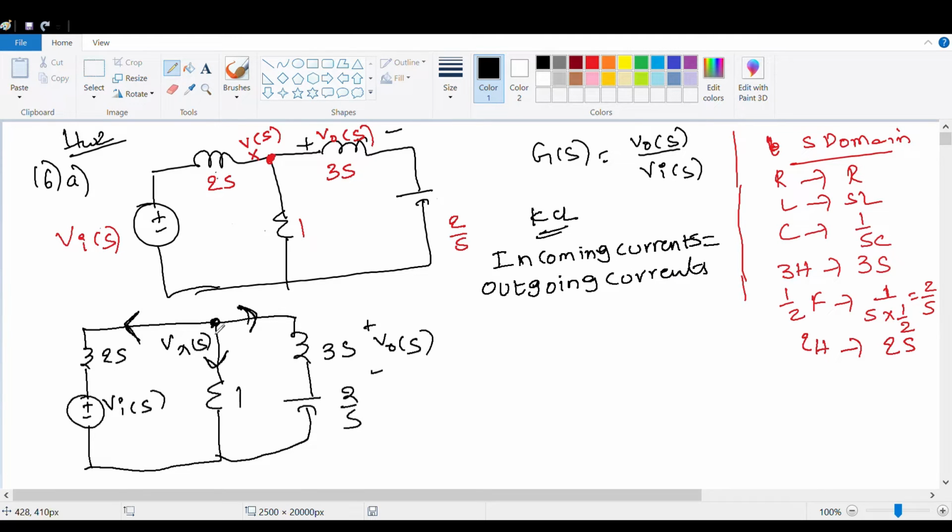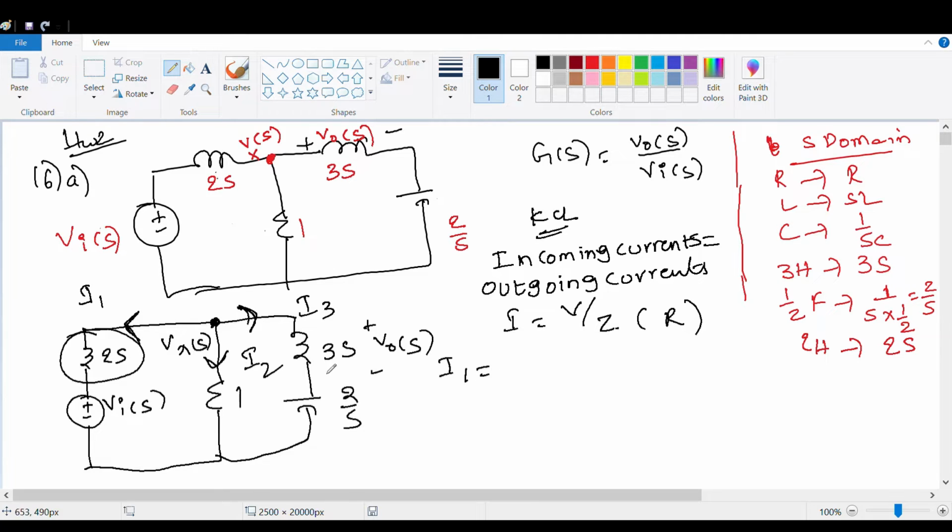At this node there are no incoming currents, only outgoing currents. Therefore outgoing currents we can write as V is equal to IR. So we have Vx of S and V of S. The voltage across this is V, and I is equal to V by Z or R. So this current is I1, I2 and I3.